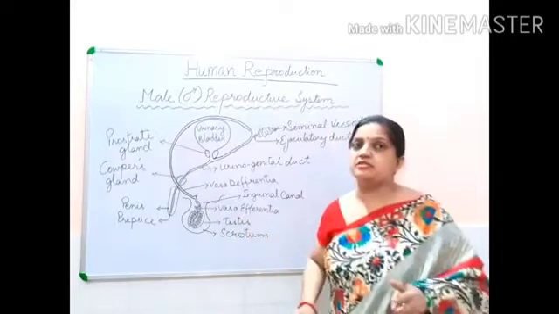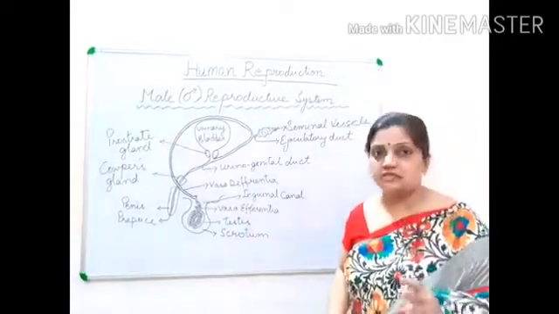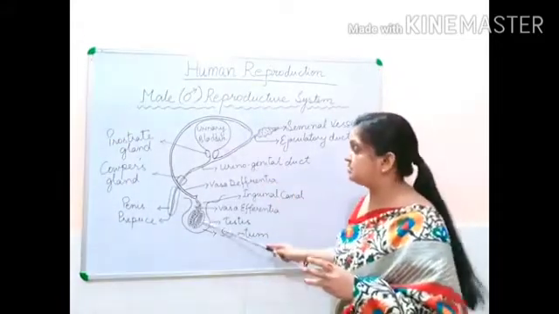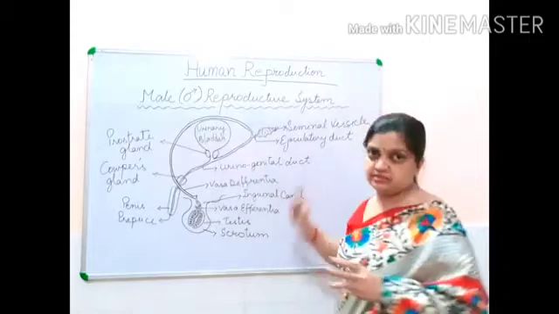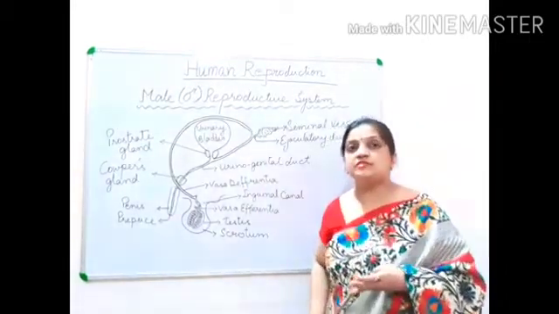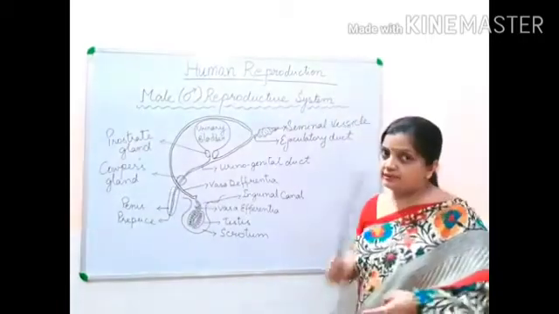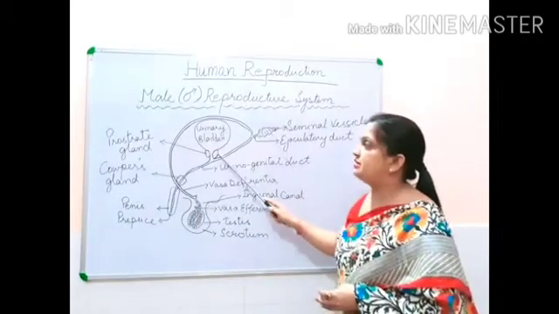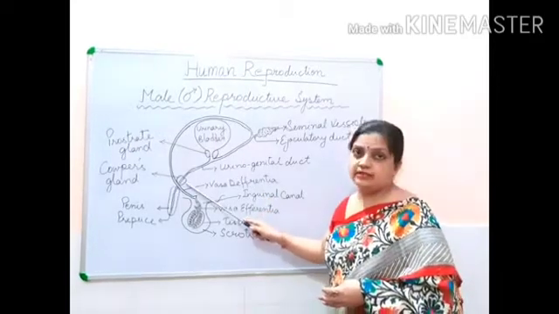These three parts are the main parts assisting the testes in the male reproductive system. The third part was the accessory reproductive glands. The accessory reproductive glands are the seminal vesicle, prostate gland and Cowper's gland.